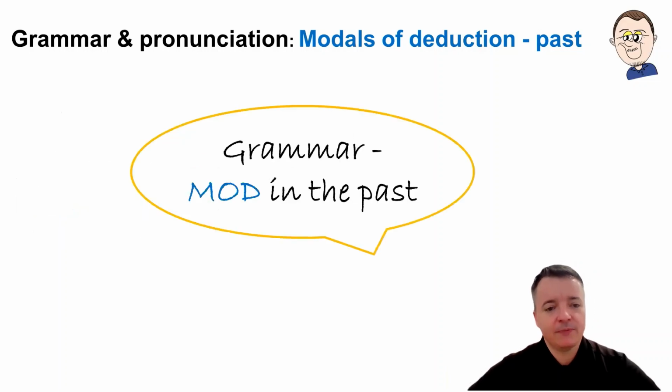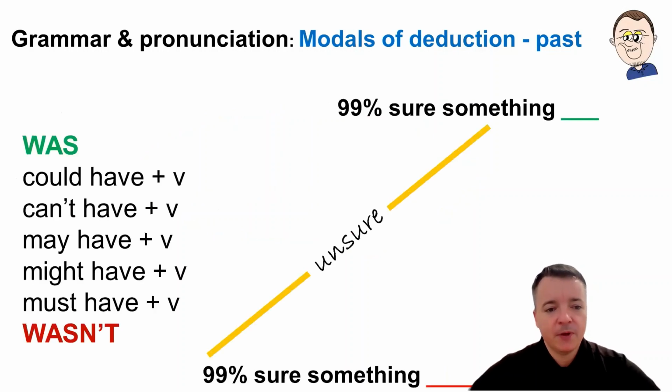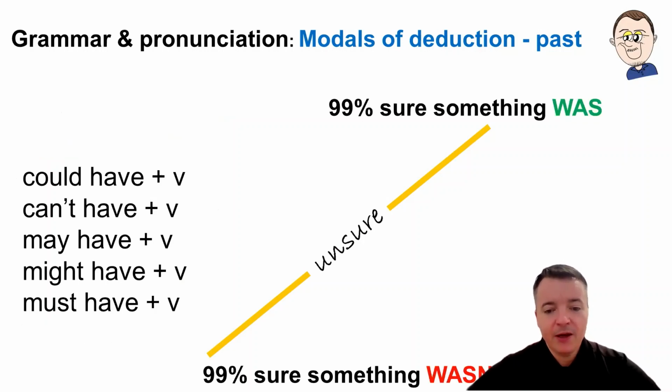Let's have a look. So here's the grammar. Modals of deduction in the past. Okay, so if you're super sure, 99% or 99.9% sure, we use was. And if you're very strongly sure that something wasn't, then wasn't. How about those others?